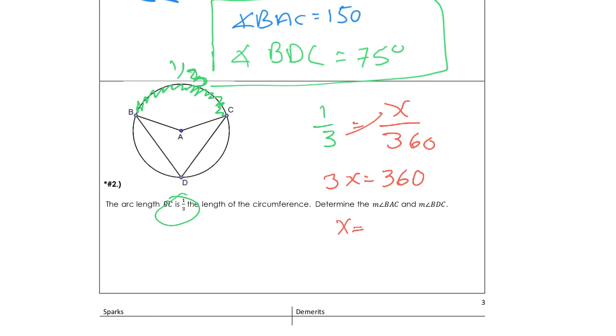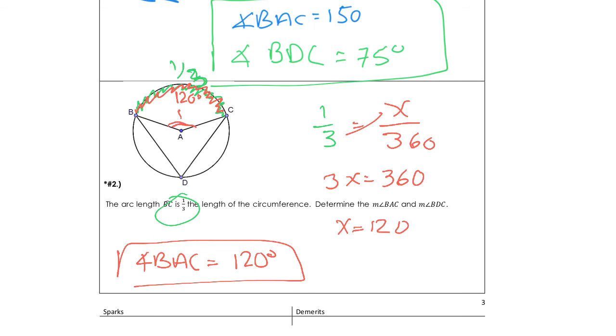Divide both sides by 3, x equals 120. So this arc is 1/3 of the circle, or also 120 degrees. So angle BAC, the central angle, is equal to it, so that's also 120. And angle BDC, the inscribed angle, is half of 120, so that is 60.